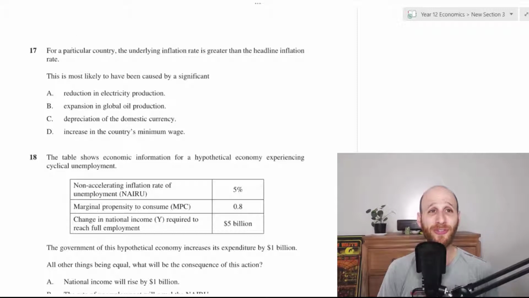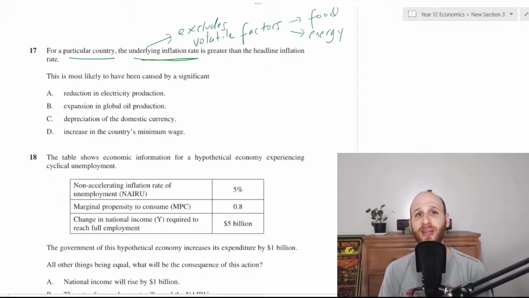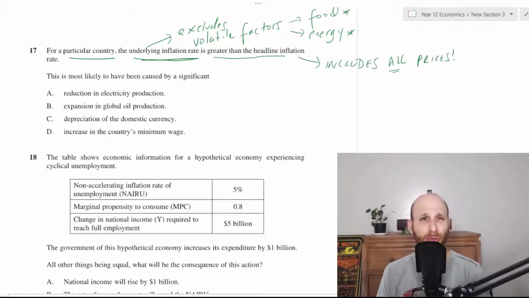Okay, so question 17 says for a particular country, the underlying inflation rate, which excludes volatile factors such as food and energy prices, is greater than the headline inflation rate, which includes all prices. Boy, look at these terrible L's, man.